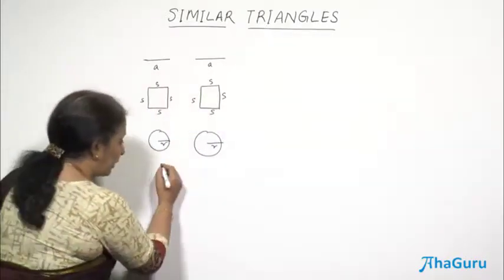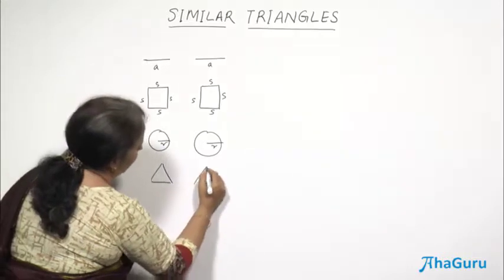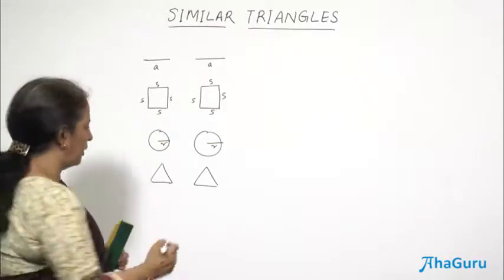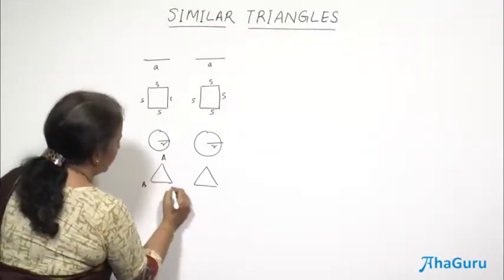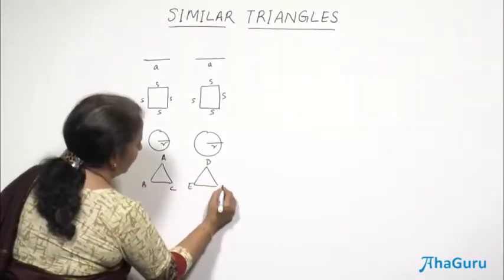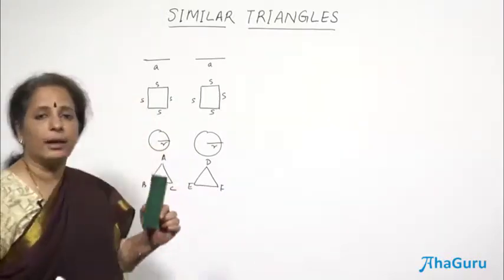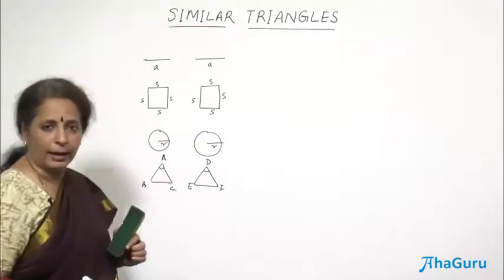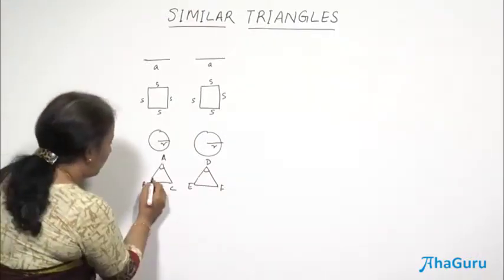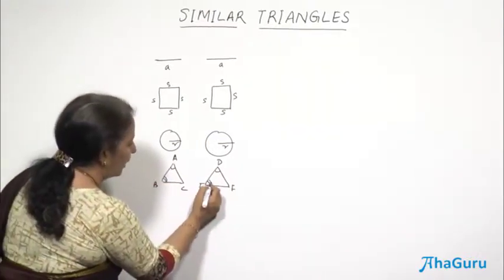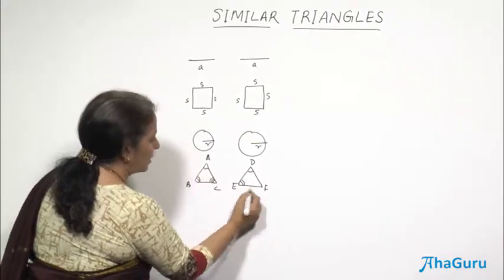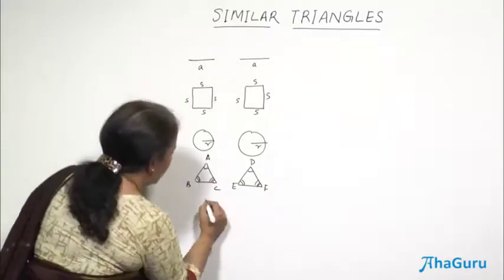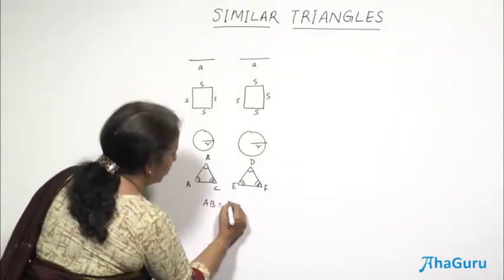So what about triangles then? If two triangles are congruent, what does that mean? If I have two triangles, say ABC and DEF, and I say the two triangles are congruent, in which case it means that angle A is equal to angle D, angle B is equal to angle E, angle C is equal to angle F. Not only that, this side AB is equal to DE.